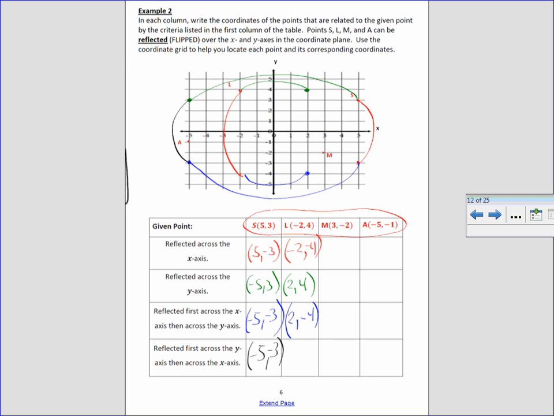Jen. Should be the same, but we'll check. You got to go across the y, and then across the x. Yep, across the y, across the x. Okay? Try M all by yourself.